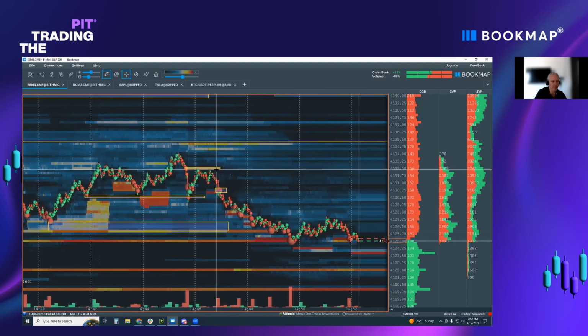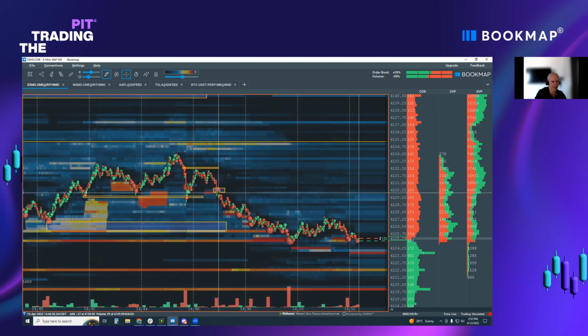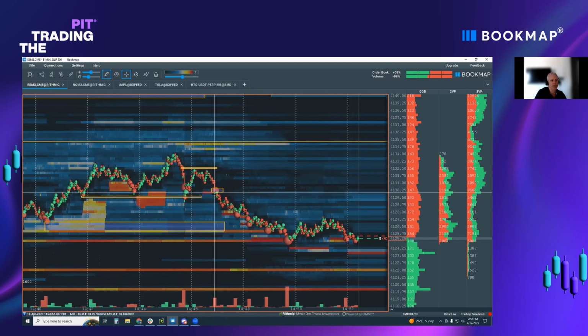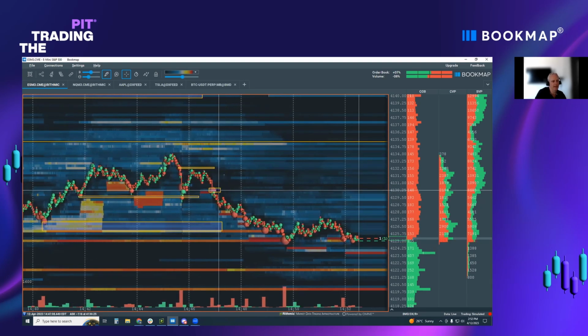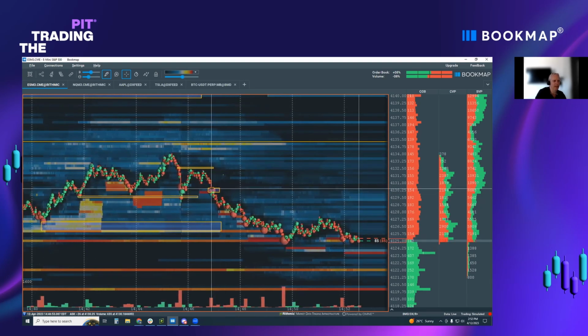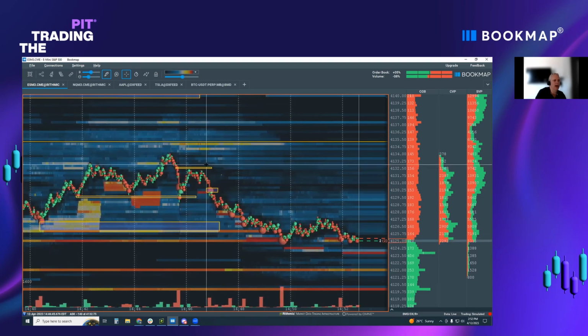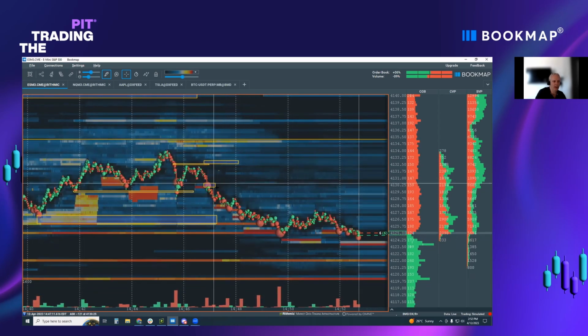If they can't get above, and we see sellers at this area in here or down here below, we're looking for them to take it lower. So you would be getting in here. Okay, maybe you're using a sell stop, or maybe you just hit market. You would be looking to place your stop probably up in this area up here. And now you're looking for that follow through.